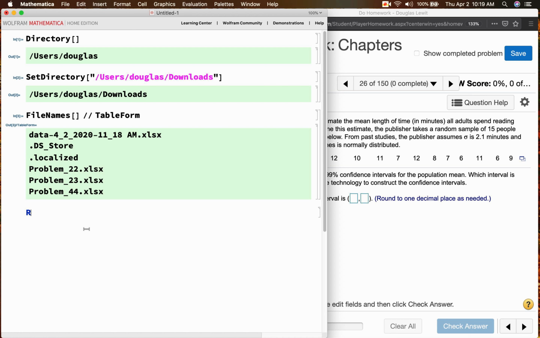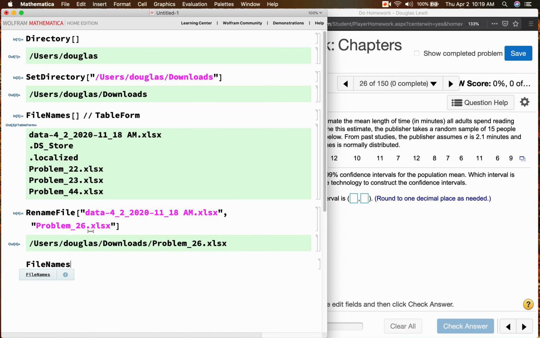So we're going to call that, rename file, data for April 2nd, 2020, 11:18 a.m..xlsx, and we're going to change that to problem 26.xlsx.